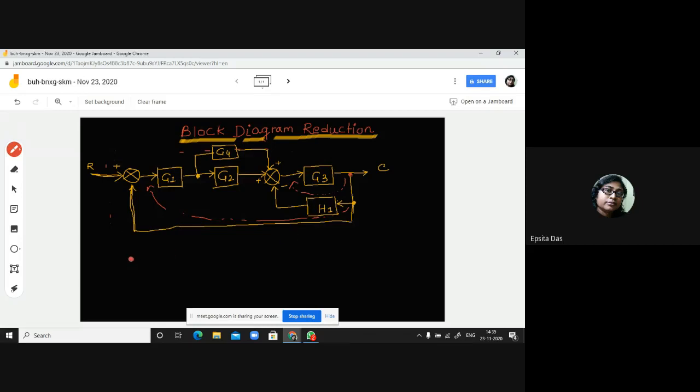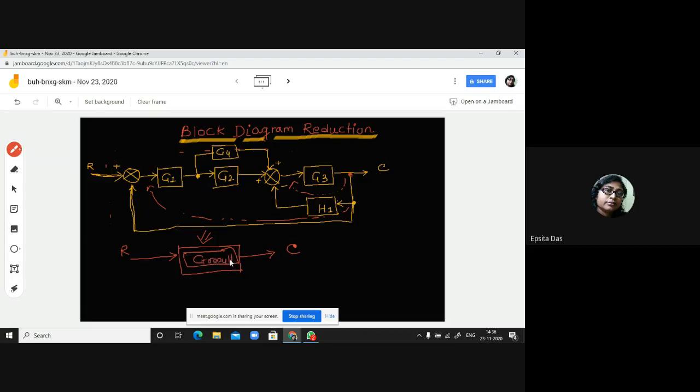We will get only the R. There will be a single overall transfer function of the whole block diagram, whose output will be C. So this whole block we have to convert to a single block. Okay. So this is our G.